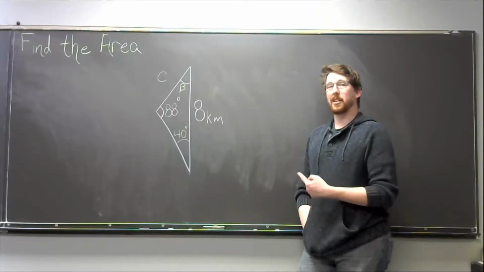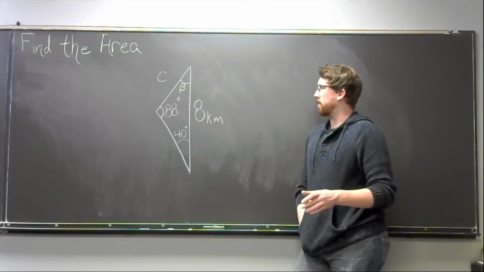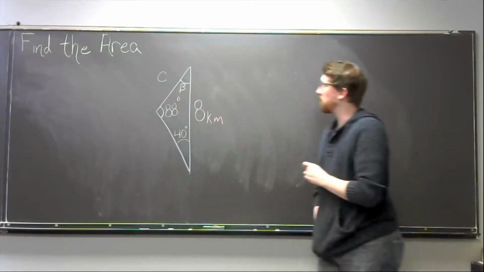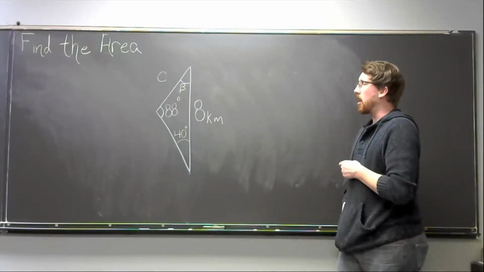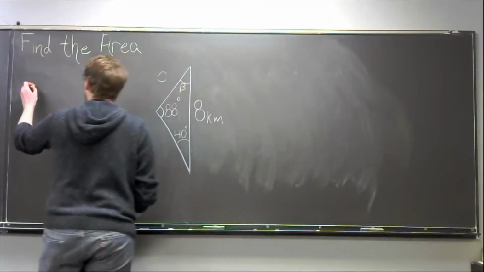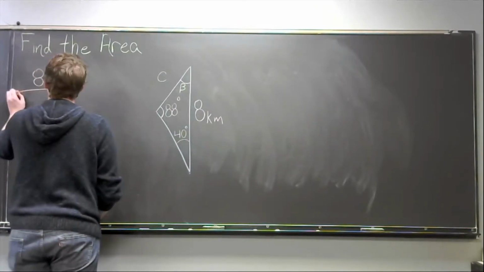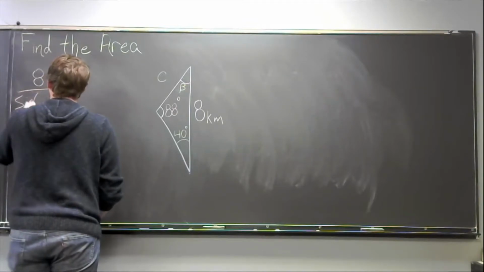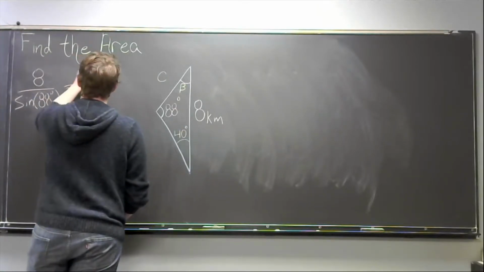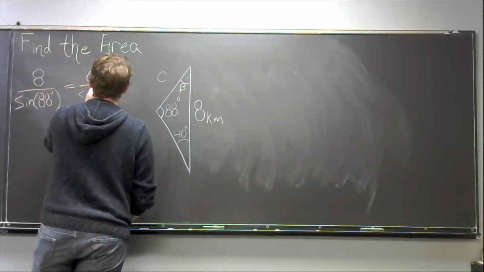All right, so this next example is a little bit more involved, right? To find the area of this next example, we're going to have to find C and beta. Well, to find C, we can apply the law of sine. The law of sine tells us that 8 divided by the sine of 88 degrees is equal to C divided by the sine of 40 degrees.